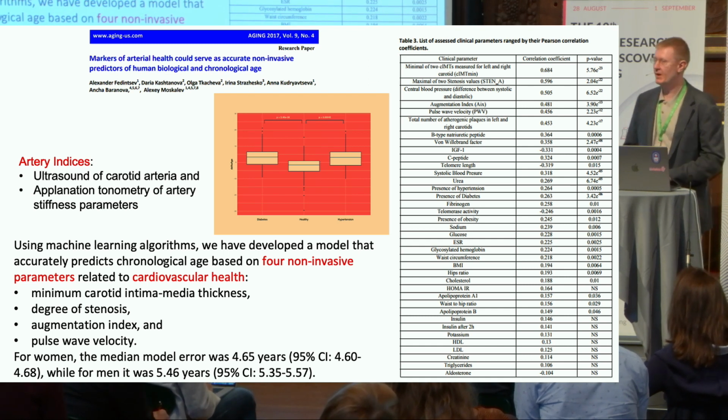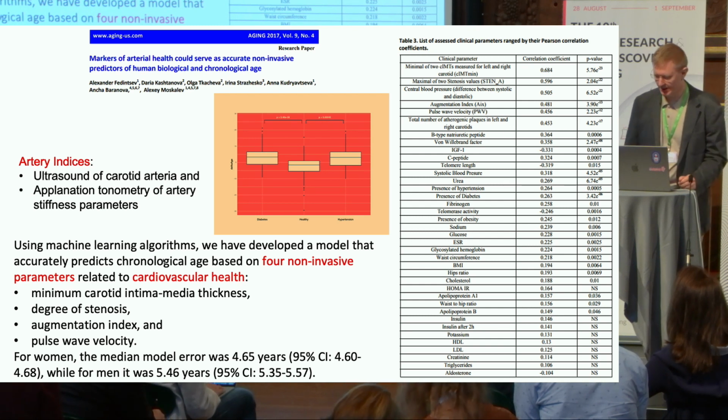We observed that patients with hypertension and diabetes have higher biological age using artery indexes.